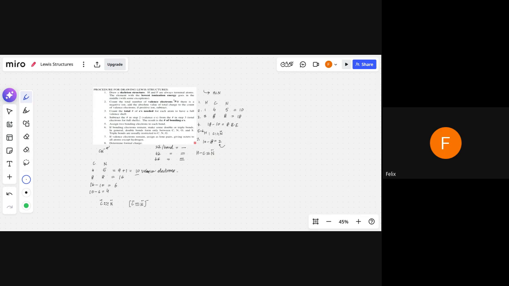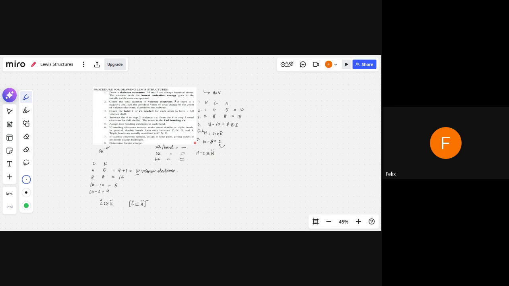And then we will also understand what formal charge is and what resonance is, and how formal charge helps us verify whether our Lewis structure is correct or not, right? All these very important topics will be in our upcoming lesson.